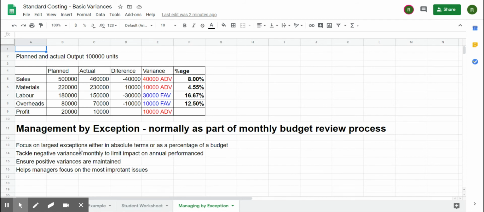Firms may either choose to look at the largest variances, so in here that would be the sales and the labour variance, or the largest in terms of percentage, so labour and overheads, or they may have some rules that you look at all variances over a certain percentage and all variances over a certain monetary value. Okay, so there will be rules in place generally that managers will follow.